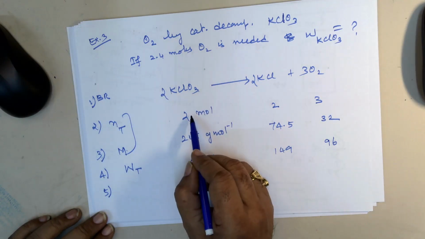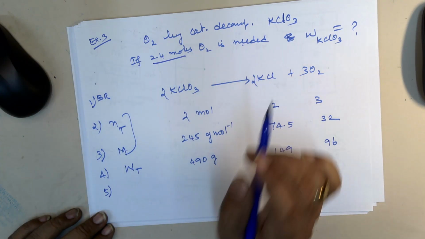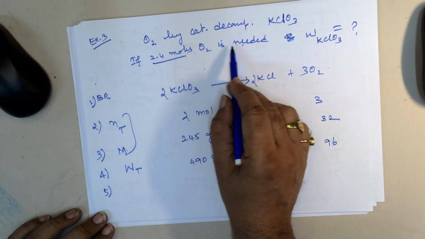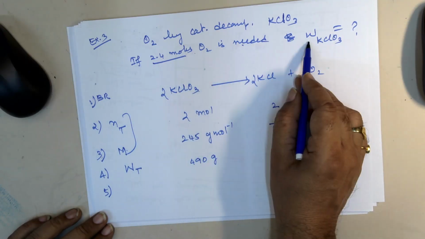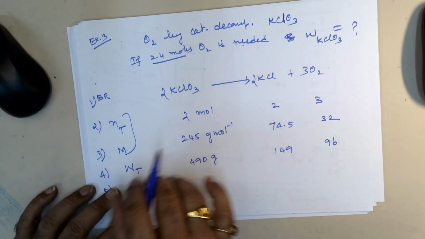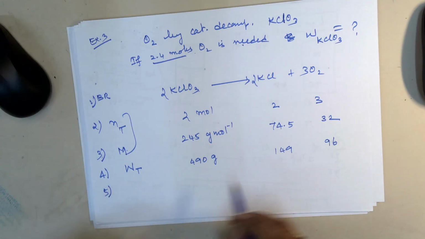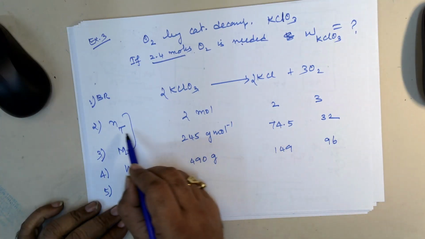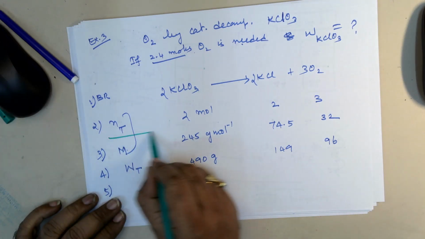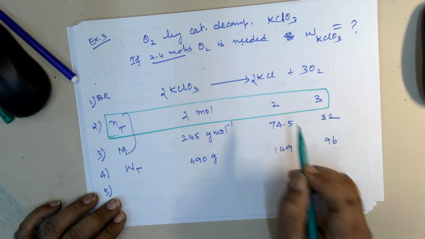That is 2.4 moles. It is given as 2.4 moles is needed. Okay. If 2.4 moles is needed, what could be the weight? So that is the question. It is taken as reverse here. So what you can do, that is, now for theoretical one, you can underline that one because it is given as a theoretical one. So here 2 moles.